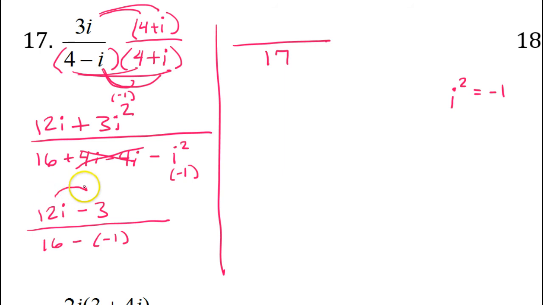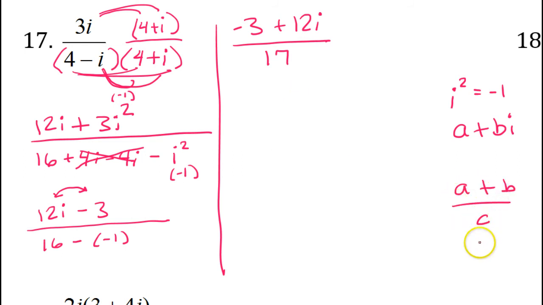Now, these are backwards. Standard form for a complex number is a plus bi. So the imaginary part must go second. So when I switch these around, it becomes negative 3 plus 12i. Now, remember that a plus b over c is the same thing as a over c plus b over c.